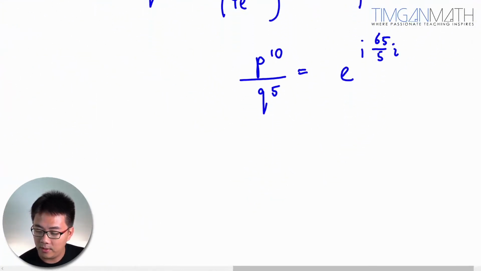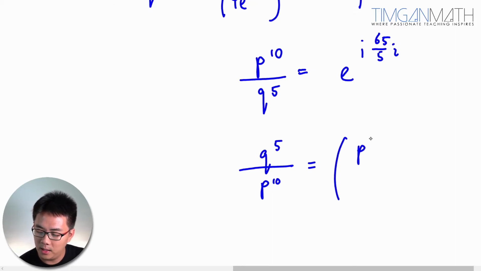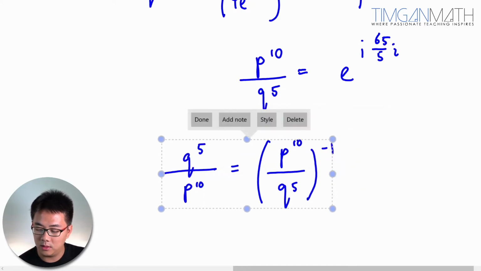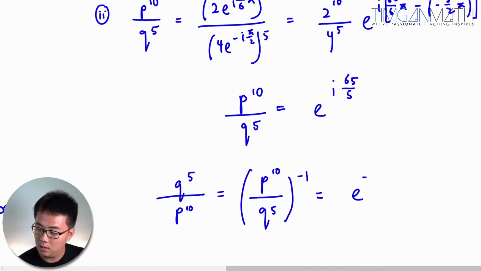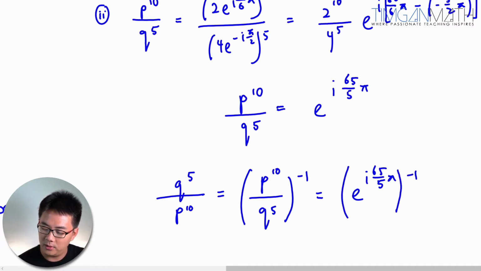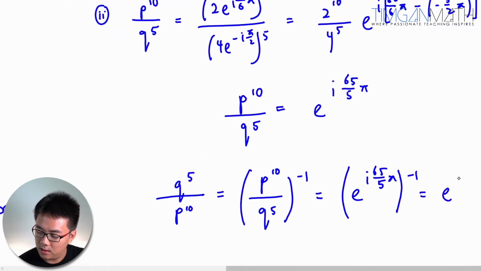Whereas if you think about it, Q^5 over P^10 would just be the reciprocal of P^10 over Q^5. So this is okay, right? So in other words, this is 65 over 6 pi to the power of negative 1. So this will give us e^(minus i 65/6 pi).